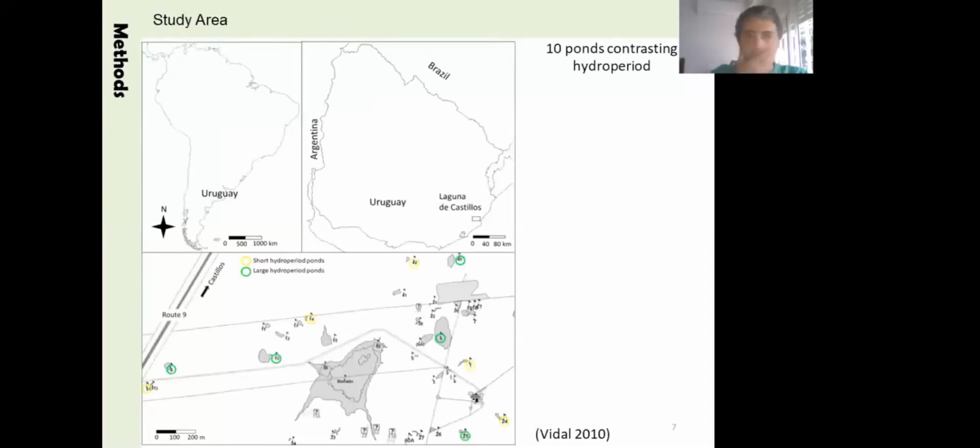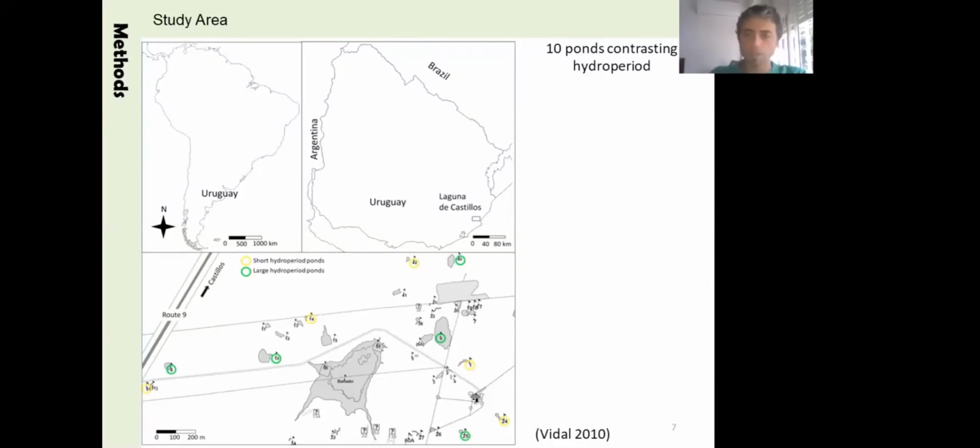The study area is located in the south of Uruguay, in the Maldonado and Rocha departments, in Laguna de Castillos. It is a protected area in the national system of protected areas in Uruguay, and it comprises more than 50 ponds.